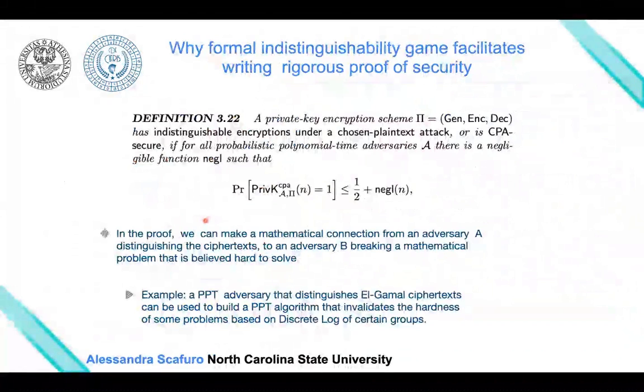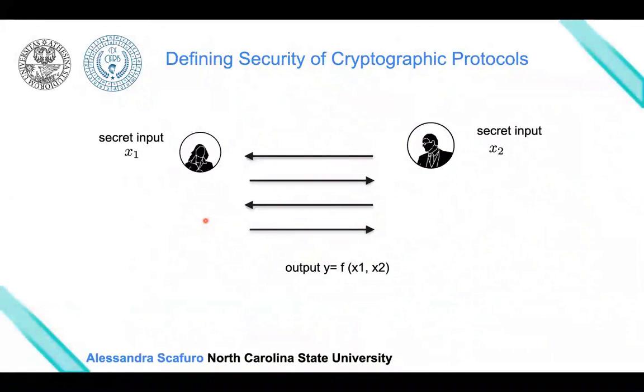Okay, so let's now move on to a cryptographic protocol. So the first difference between the encryption scheme, which is a cryptographic primitive, and a cryptographic protocol is that a cryptographic protocol is executed between two parties who are not trusted. They don't trust each other. These two parties here in this picture, we have Alice that has a secret input X1.